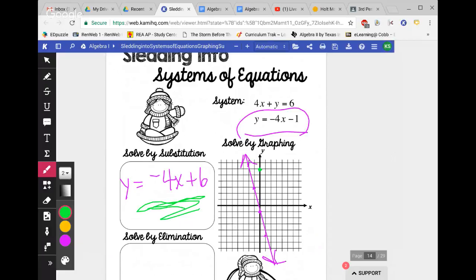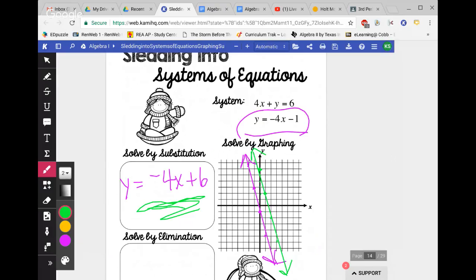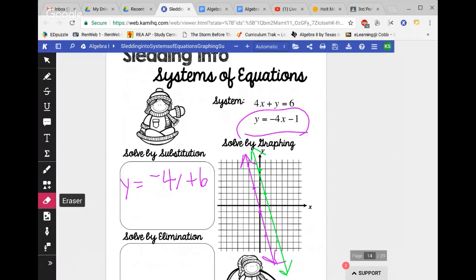So down 4, 1, 2, 3, 4, over 1, because down is negative and right is positive. 1, 2, 3, 4. So they're parallel lines, and they will never intersect.